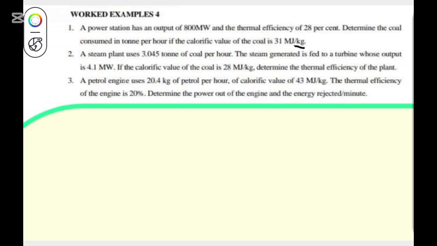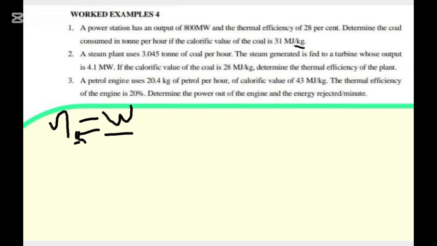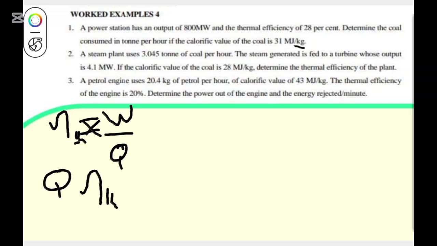A power station has an output of 800 megawatt and a thermal efficiency of 28 percent. We are to determine the coal consumed in ton per hour if the calorific value of the coal is 31 megajoule per kg. We have to notice that the thermal efficiency is the same thing as W by Q, and we are looking for the value of Q. By cross multiplying, Q multiplied by the thermal efficiency equals W, the work.